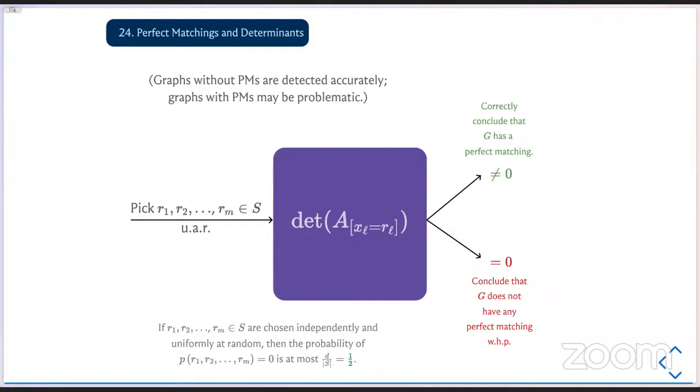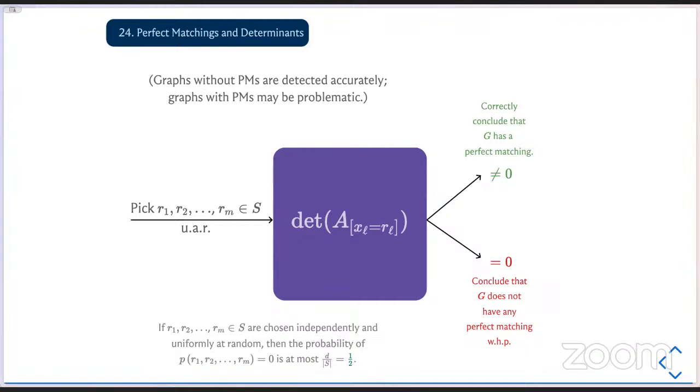It could be because you genuinely have a graph without a matching and it's an identically zero polynomial. It could also be because the graph does have a matching. It is not a zero polynomial. However, you somehow hit a root of the polynomial. But that's a bad event, which happens with probability at most half, right? So if you have a graph that doesn't have a perfect matching, then the output of this algorithm is never wrong, right?